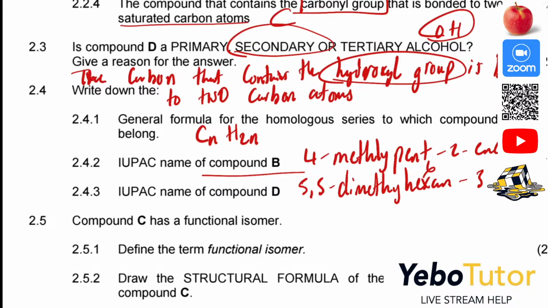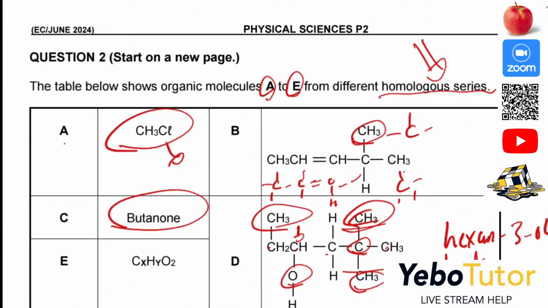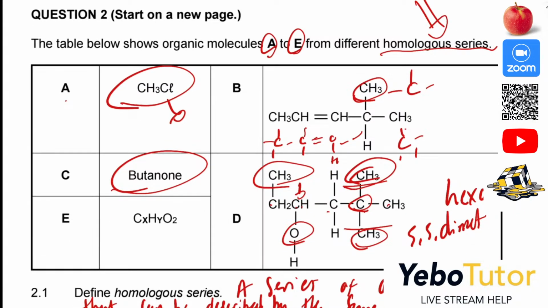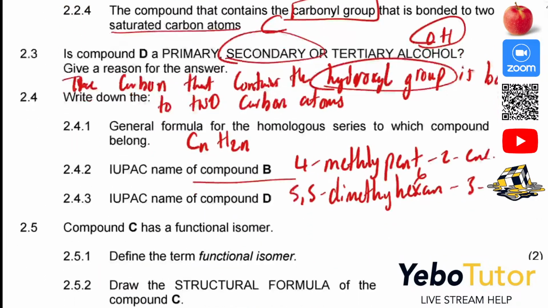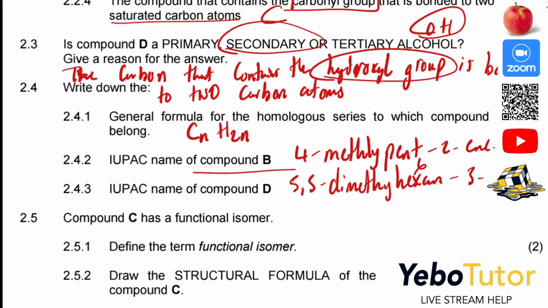Now compound C as a functional isomer. Where is compound C? Okay, we can see compound C, which is a ketone. It is a functional isomer. Now the question will be: define the term functional isomer. Guys, we know this.